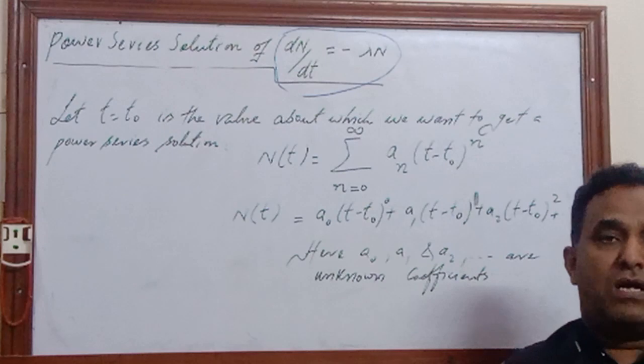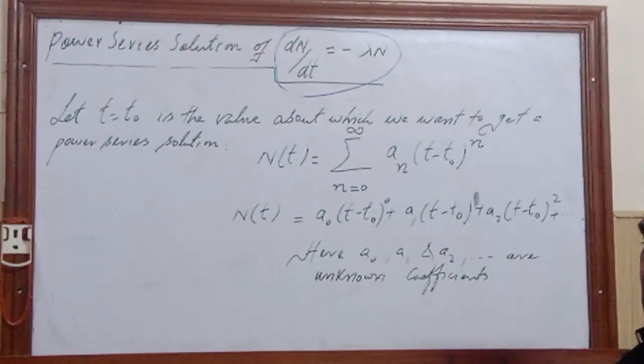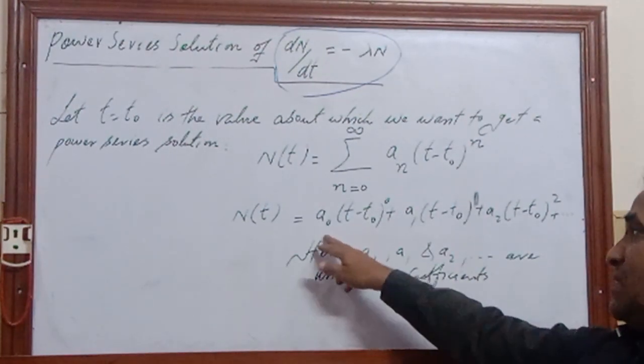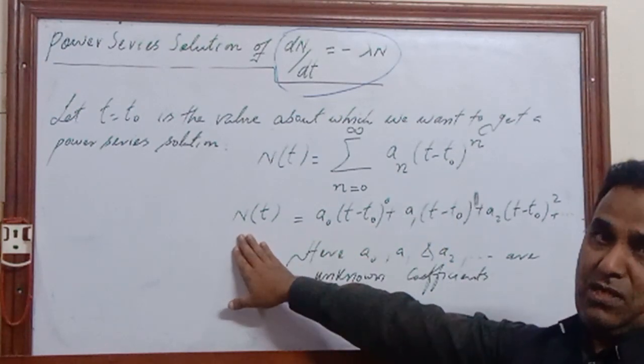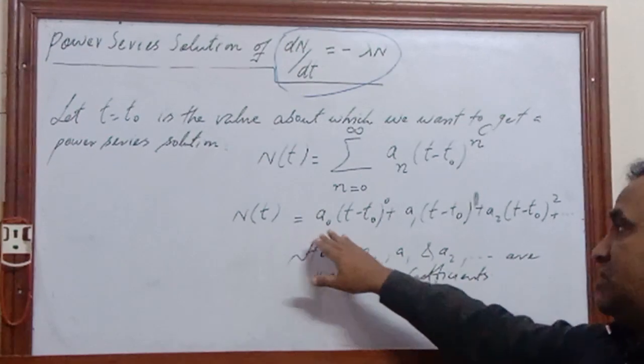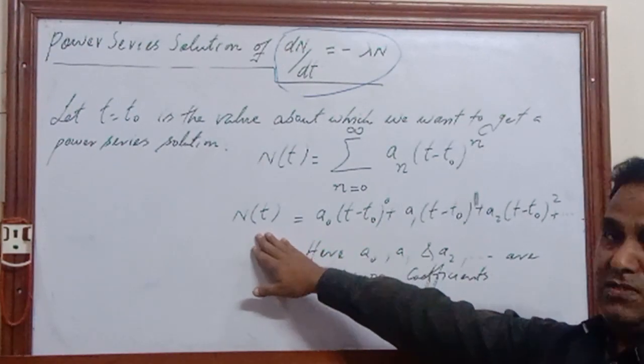Once the values of the unknown coefficients are found, we can put those values here, and we get the power series solution, right?